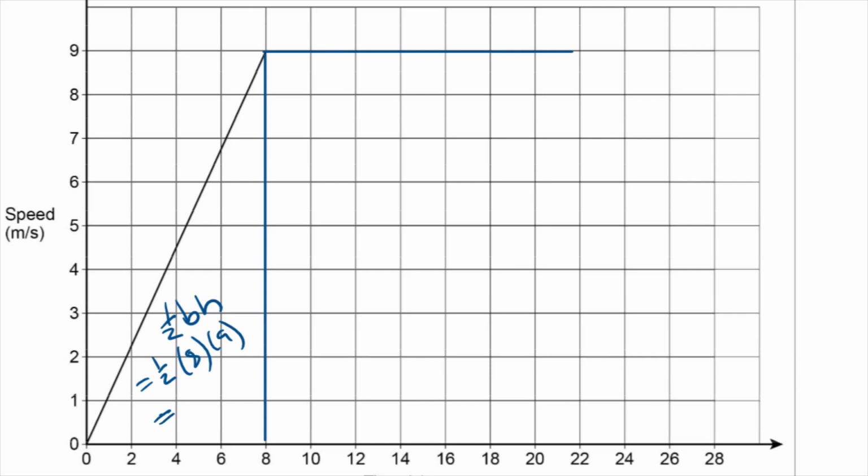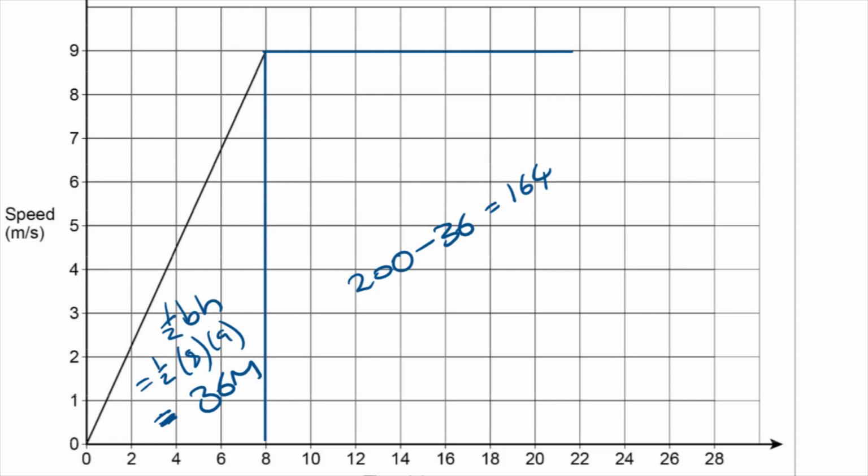So 4 9s are 36. So she covered 36 meters in that first part of the graph where she was accelerating, which means that the other part of the graph, which is going to be a rectangle, has an area of 200 minus that 36 meters, which is 164. So it's going to have an area of 164.